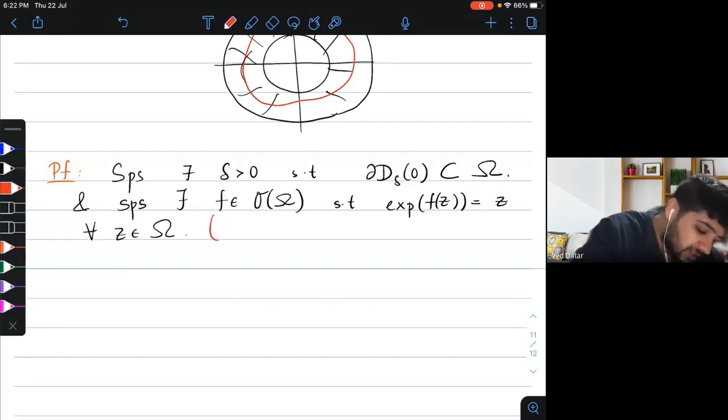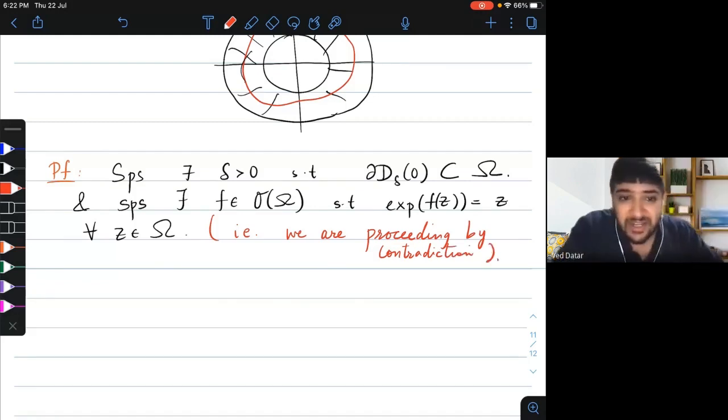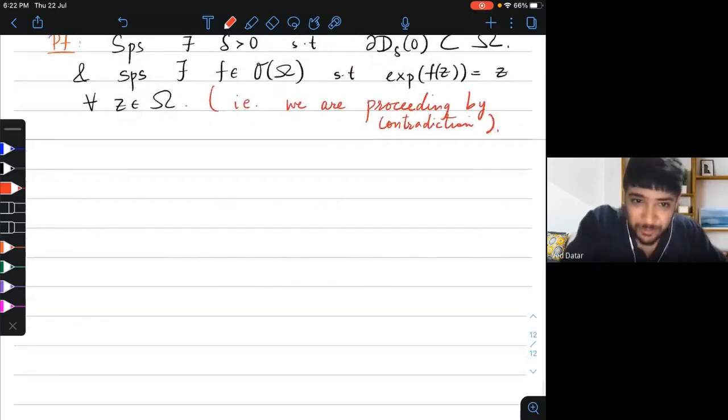Okay, so that means we are proceeding by contradiction. I'm assuming the conclusion, I'm assuming that you have a holomorphic logarithm, and I want to get to some absurdity, some contradiction, right?